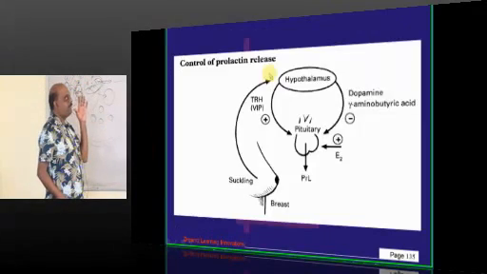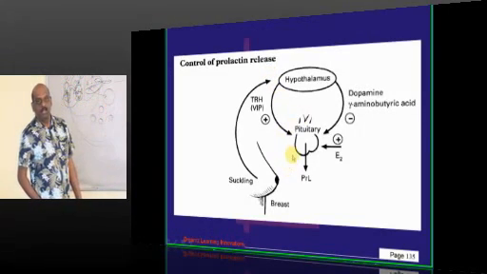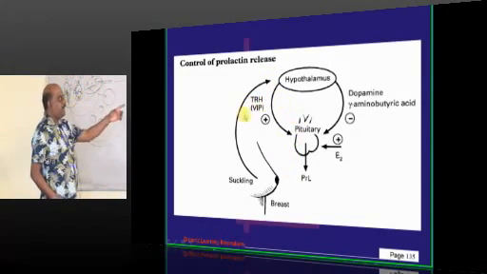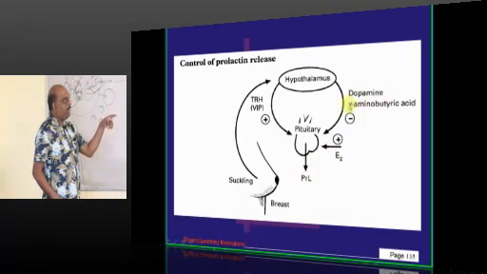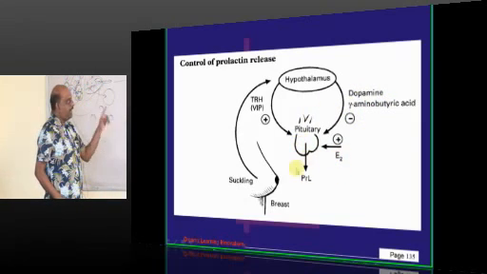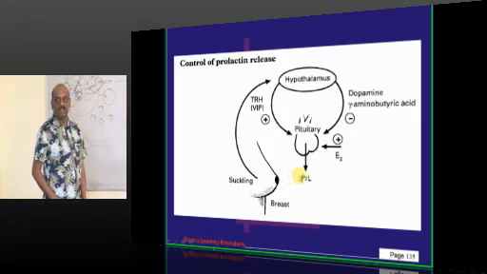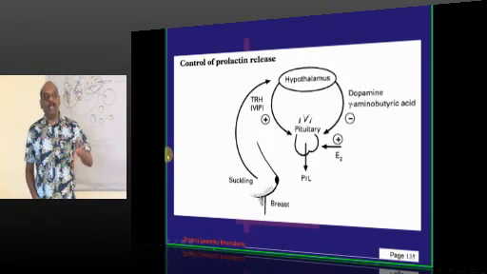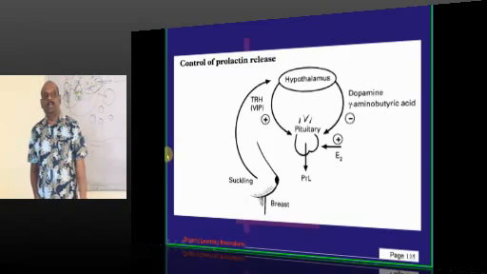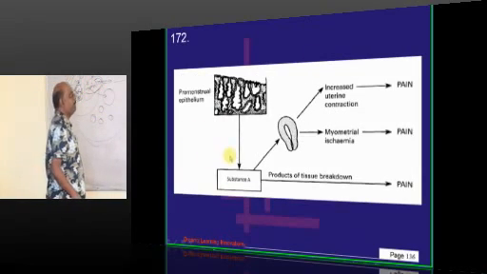So what are the various factors that affect? Thyrotropin releasing hormone has a positive effect on pituitary to release prolactin. Dopamine and GABA have a negative effect. Estrogen has a positive effect on prolactin release. So the various regulators of the prolactin production is something that you need to basically remember.